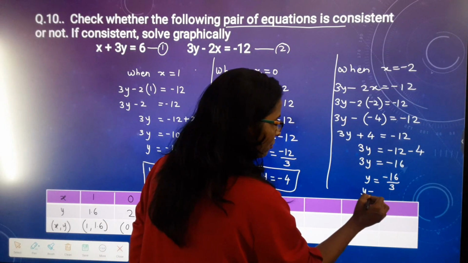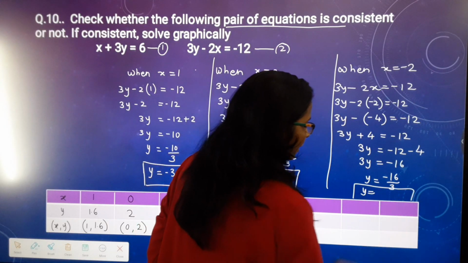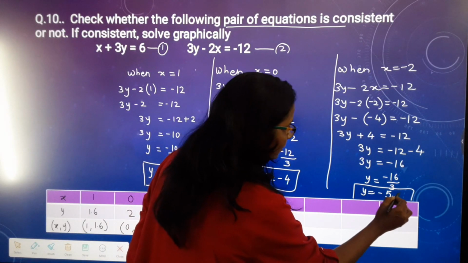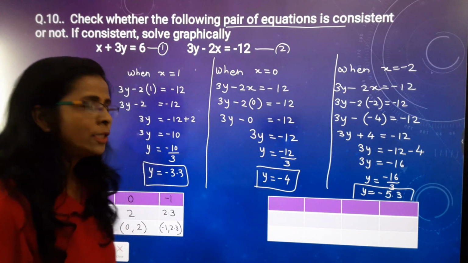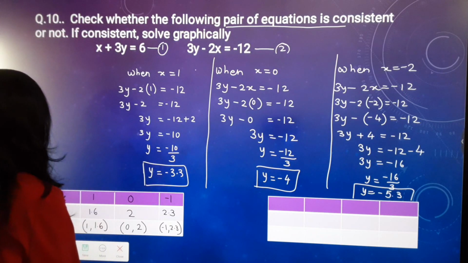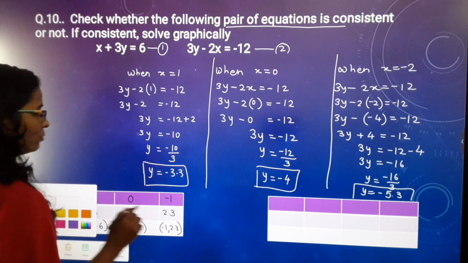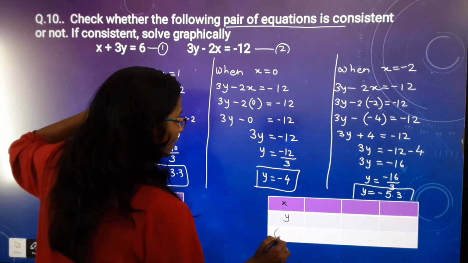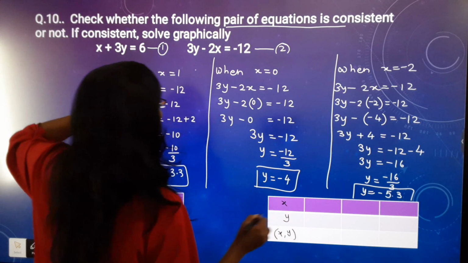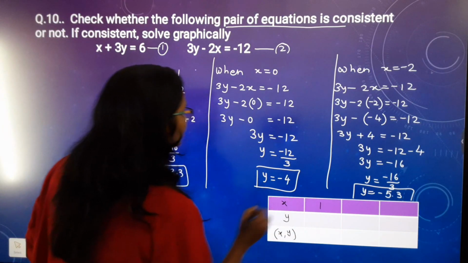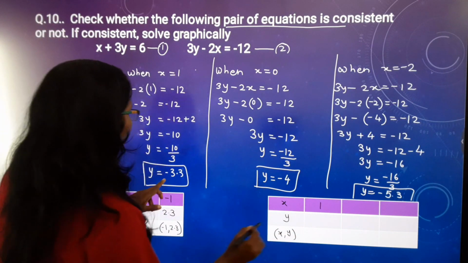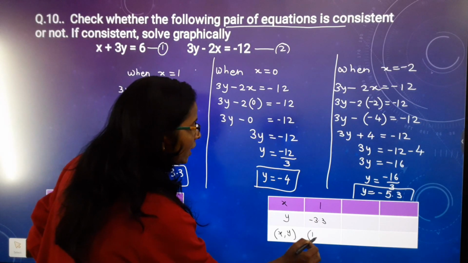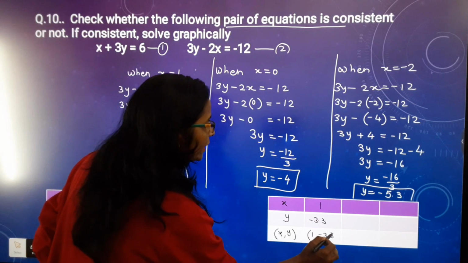So y is equal to minus 5.3. Okay, students, in such a way we have the values of x, y. So for x is equal to 1, y is minus 3.3, the coordinates are 1, minus 3.3.